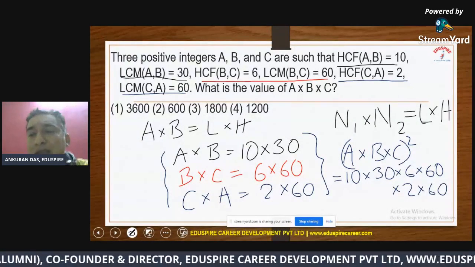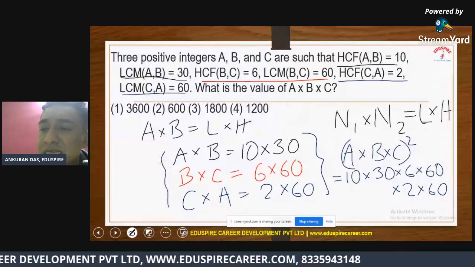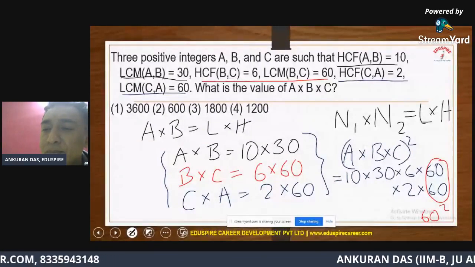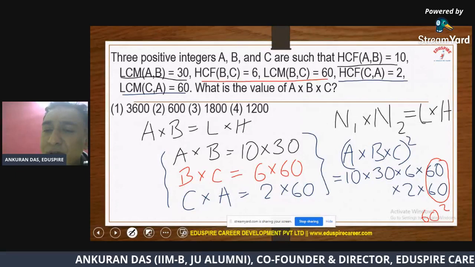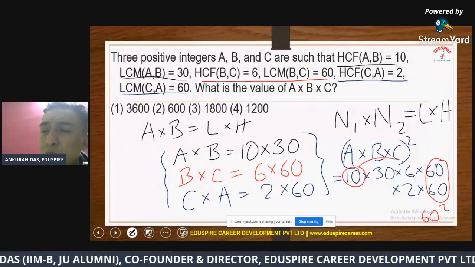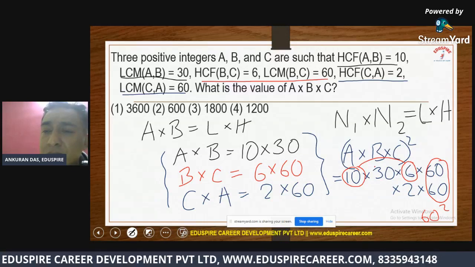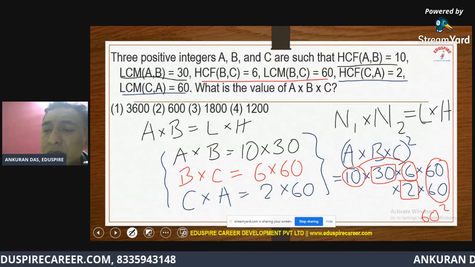So let me see how best we can do that. Now you see, we get a pair of 60s out here, so we get a 60 square. All right, now you see we have one more 60 coming up there, 10 into 6 that is, and we get another 60 in 30 into 2 that is, which means we get another 60 square.